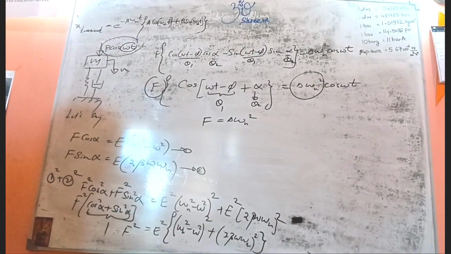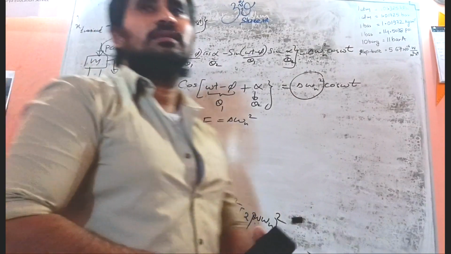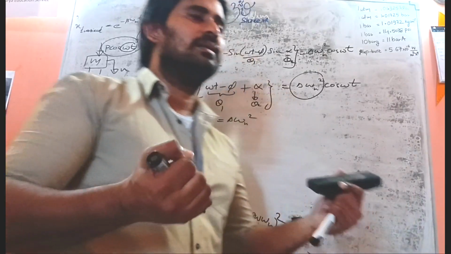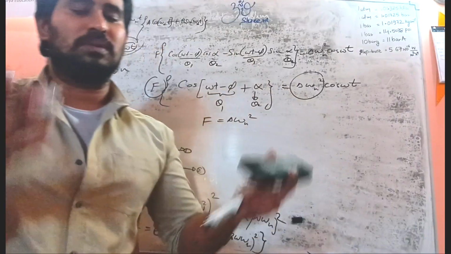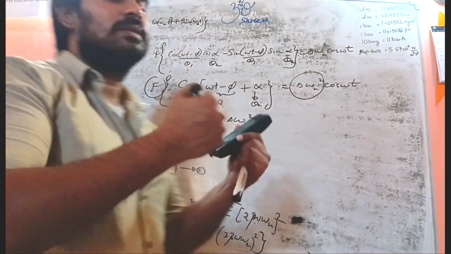Understand? Now here this F squared and E squared, these are magnitudes, so we are only going to worry about the positive value. Otherwise you might be asking, if you are going to take the square root, we have to consider two different values, plus or minus. But here both F and E, we are going to consider magnitudes only.